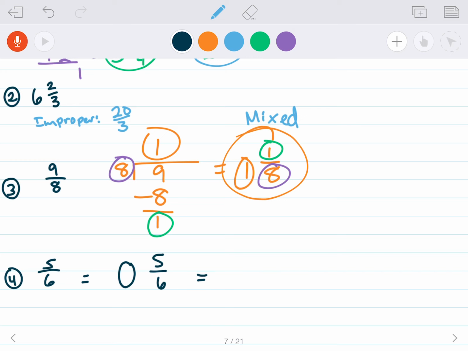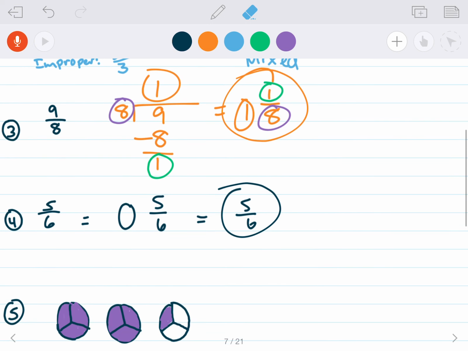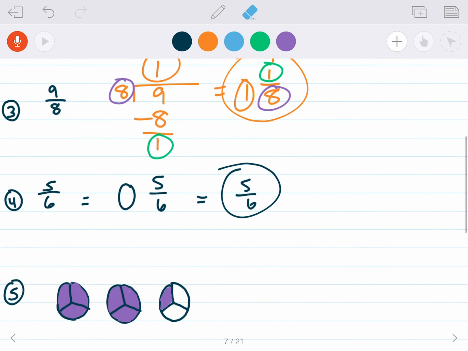We don't have to write the 0, so this is just 5/6. Since it's a proper fraction, we can't write it as a mixed number because there's no wholes to go, right? So we only have 5/6.